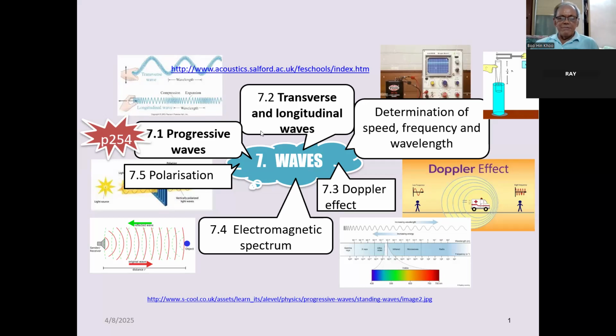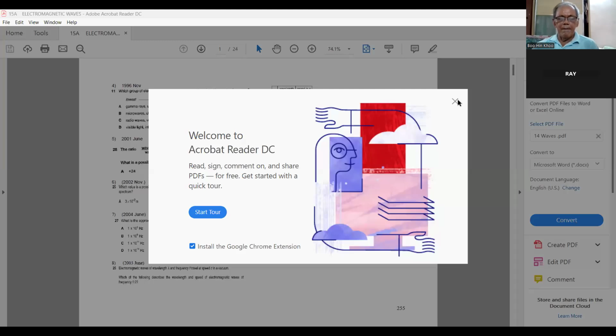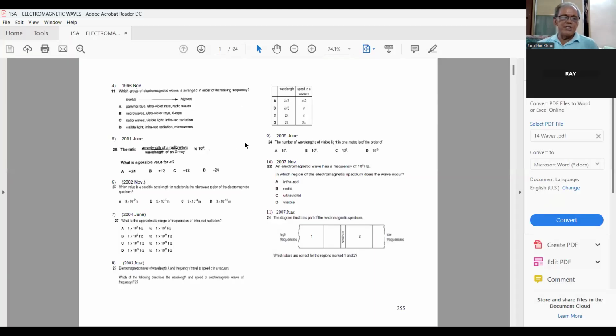Okay, let's summarize for you what is in topic 7, waves. If you are looking for the question paper I've sent you earlier, there's a past paper I've sent you.